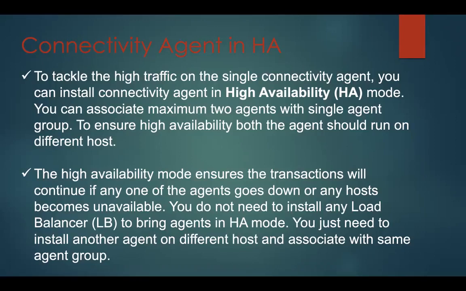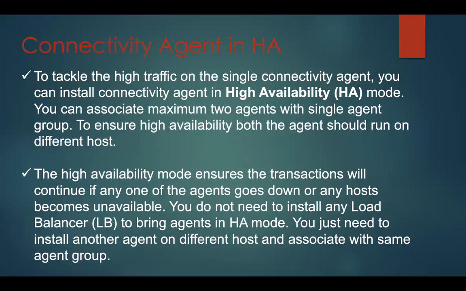The high availability mode ensures that transactions will continue if any one of the agents goes down or any host becomes unavailable. For this highly available environment, you don't need any separate load balancers. The load balancing will be taken care of by the agent group. You install the connectivity agent 2 times and provide the reference of the same agent group, and the connectivity agents will be connected to your agent group.